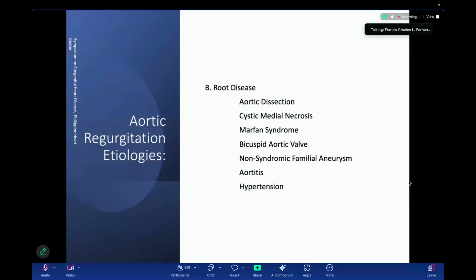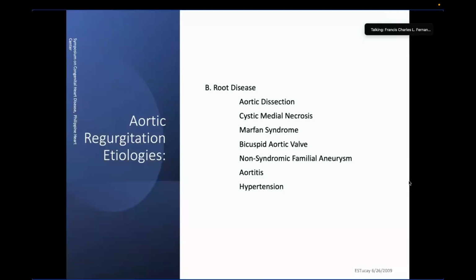You can have root disease, mainly from the aortic root, so aortic dissection. Sometimes this can be iatrogenic in the form of coronary intervention. You can have a coronary aortic retrograde dissection, which I've observed in some of my patients when I do intervention as well. It can cause aortic regurgitation.